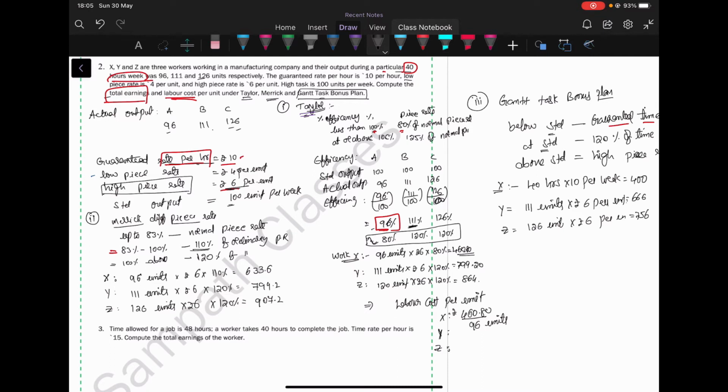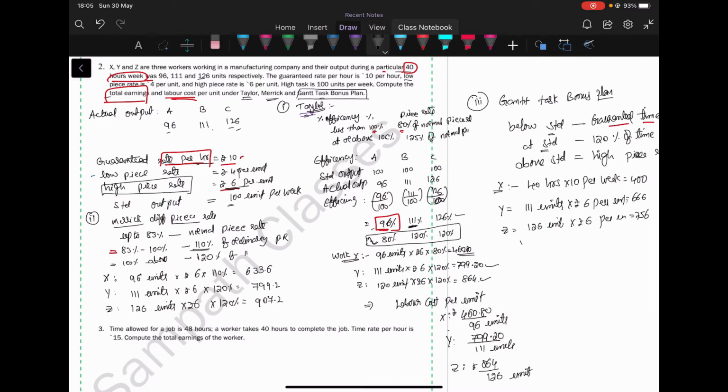For Y, he manufactured 111 units and he got paid 799.20 for manufacturing 111 units. Next, the third person got paid 864 rupees for manufacturing 126 units.